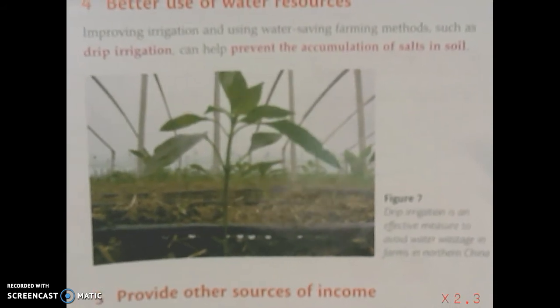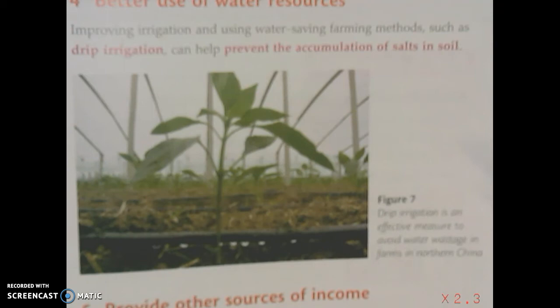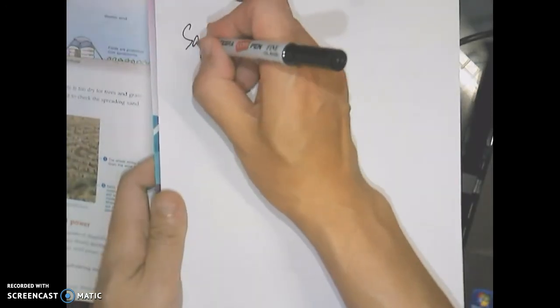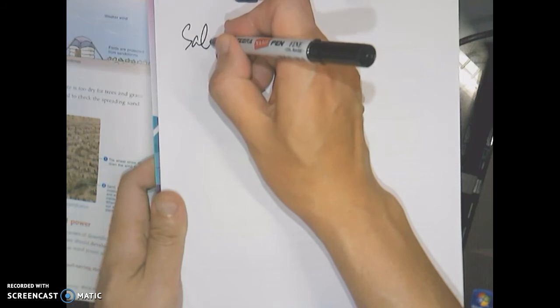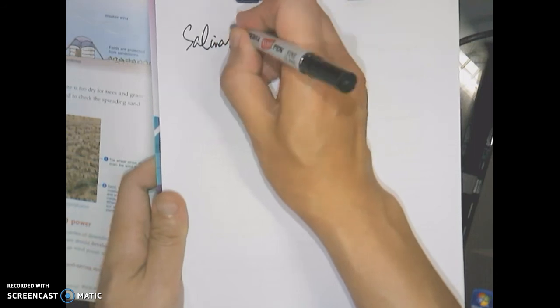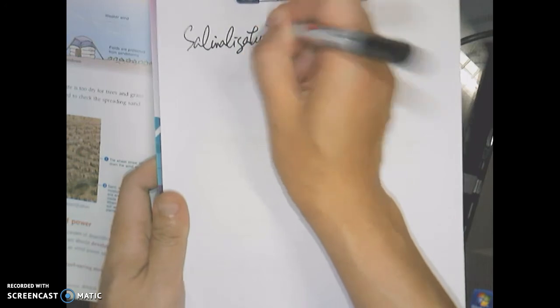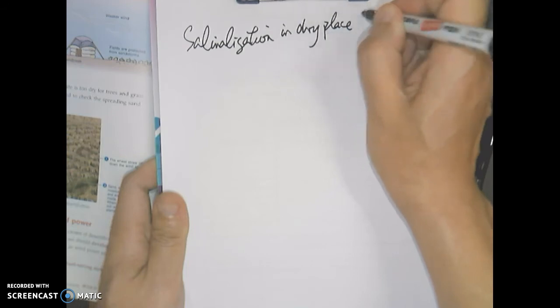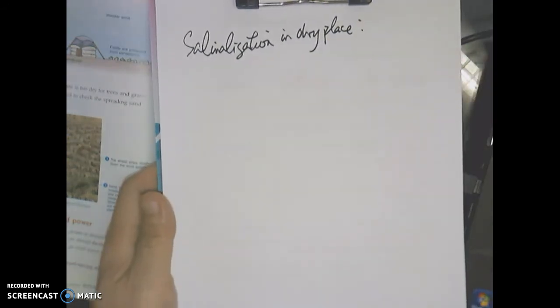Okay, now before we go to the content and explain why it's useful, let's revise some of what you have learned last term, that means in the first term of Form 1 studies. Now, first of all, for the problem of salinization, which happens in dry places in China, how will it form?